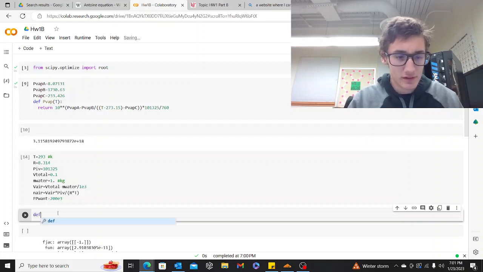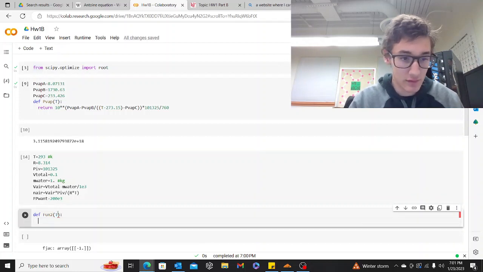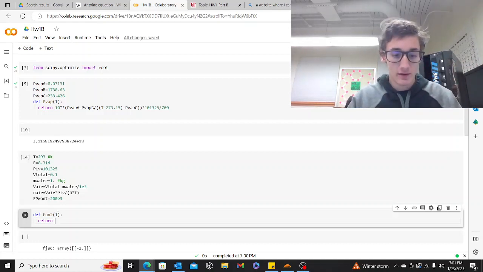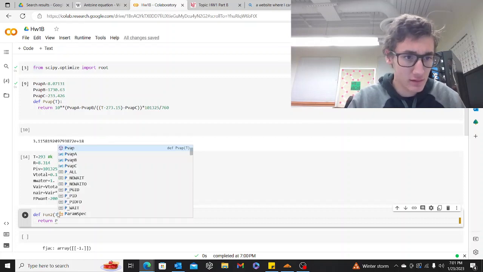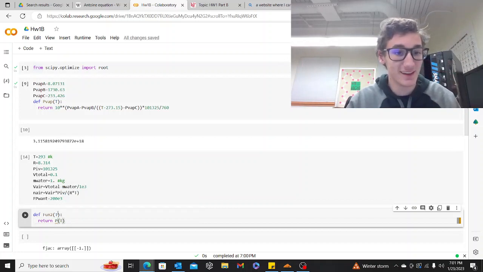So we're going to define, what should we call this? We're going to call it Hw1PartB with respect to T. Now we're going to return. Okay, let's write this equation. We have our P with respect to T. I don't know why it always goes lowercase for me. I swear I'm hitting shift.